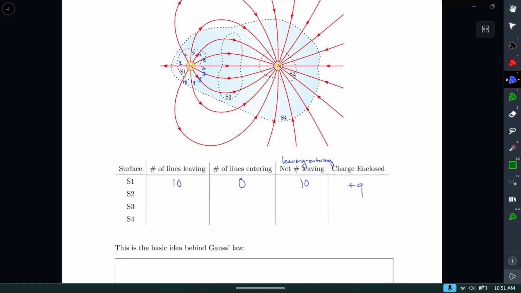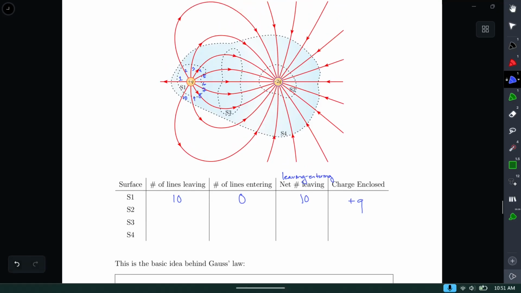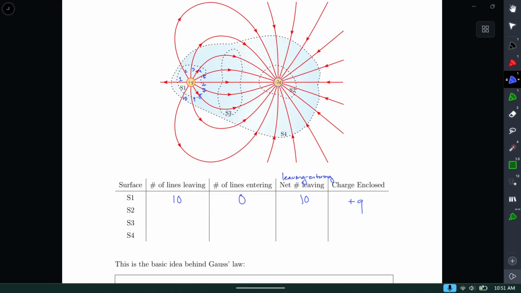Let's move on to surface 2. How many lines leave that bag? 0. How many enter it? 20. All right, I see 1, 2, 3, 4, 5, 6, 7, 8, 9, 10, 11, 12, 13, 14, 15, 16, 17, 18, 19, 20.